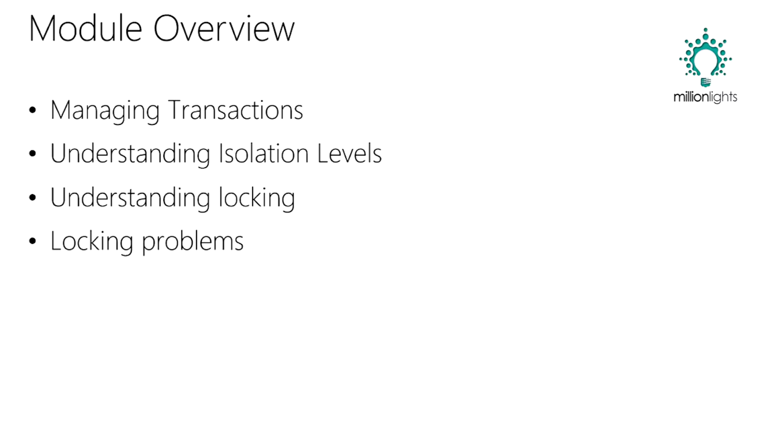Then we're going to look at locking, how and why SQL Server uses locking. And then finally, we'll look at some locking problem scenarios and discuss what you can do and how you can troubleshoot that. All right, sounds good.